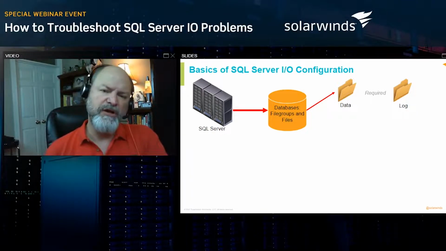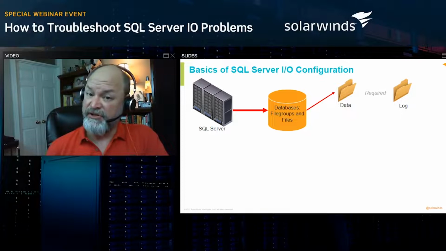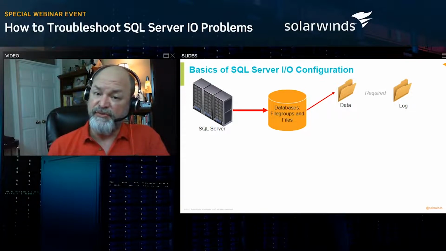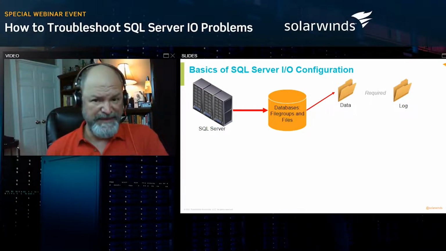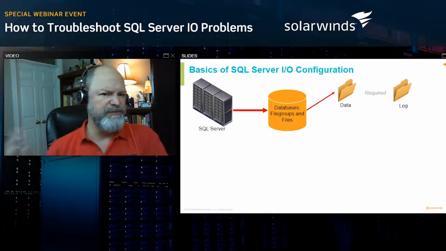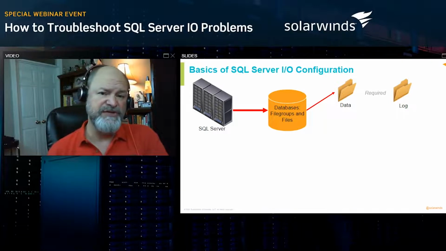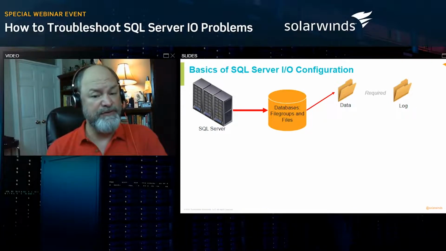So the log is for transaction log activities, which is durability and recoverability. It's not really for end user activity. That's one of the fundamental requirements of a relational database, that your transactions are things that you can roll back, or if there's a crash on the server, you could roll them forward and recover from that.